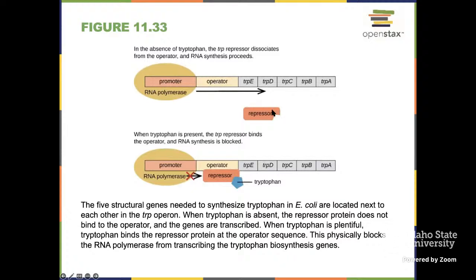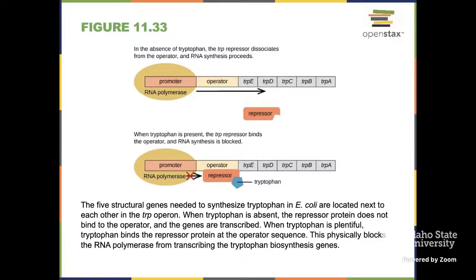And you see down below the repressor is not linked up, all right? The repressor is like the off switch. So if tryptophan isn't present in the media, this bacterial cell's like, well, I need to make that. All right. And the repressor falls off and synthesis proceeds. We make the messenger RNA, we build the respective proteins, and now we've made ourselves some tryptophan.